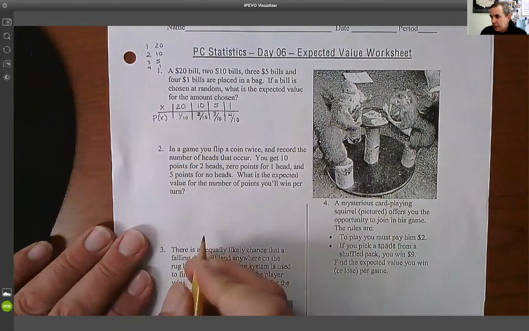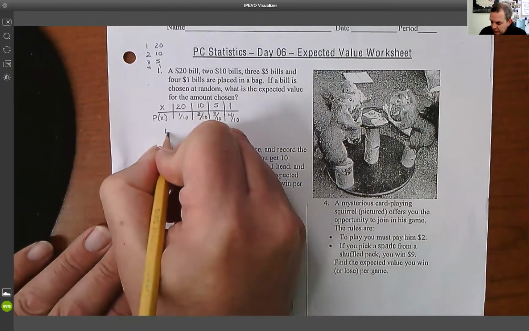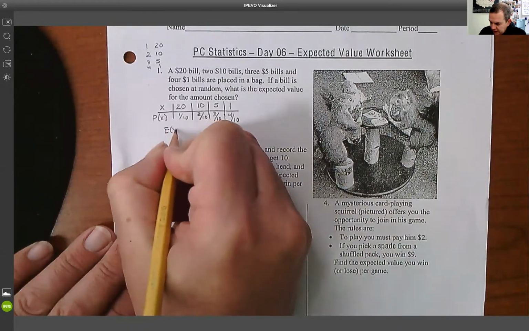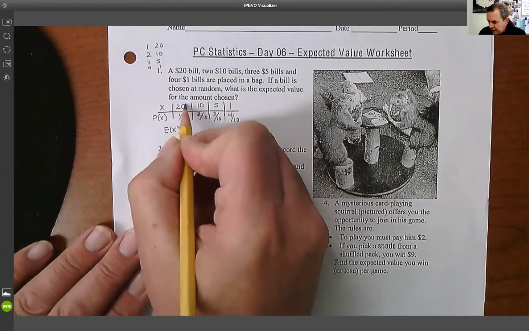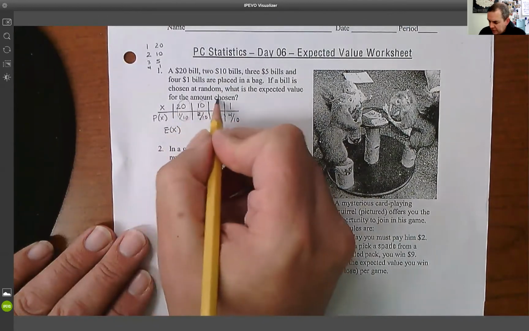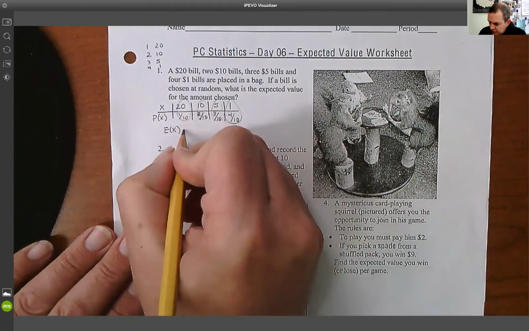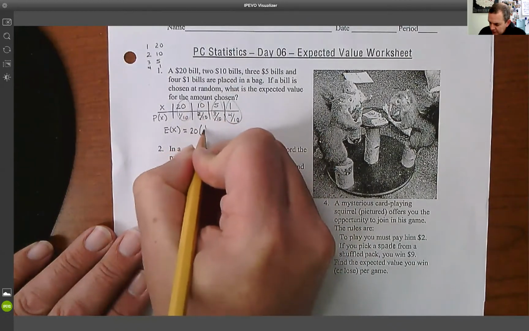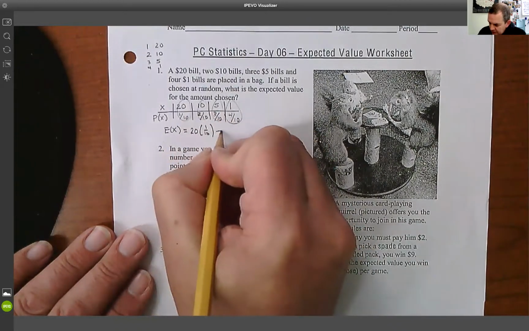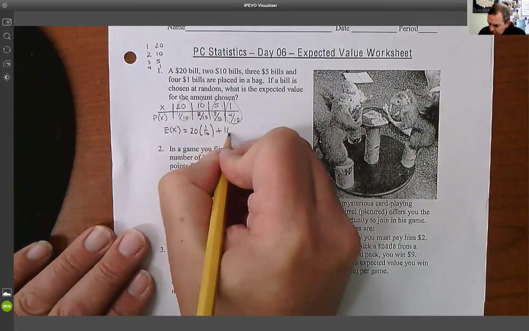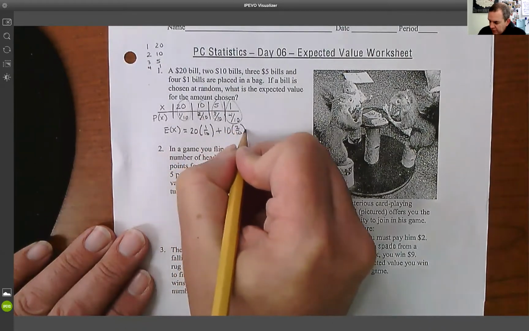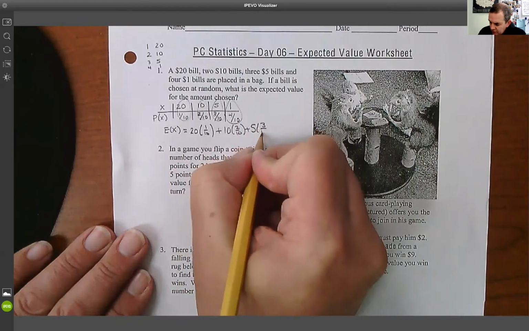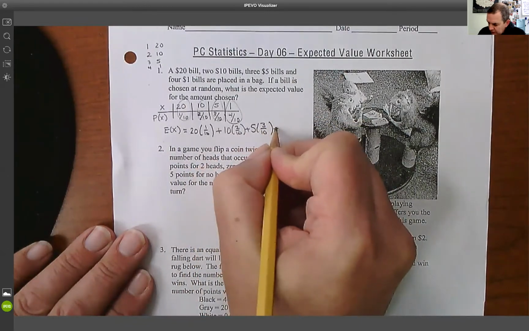The formula for expected value is we multiply outcome and probability, and we do that four times. So we're going to do 20 times 1/10 plus 10 times 2/10 plus 5 times 3/10 plus 1 times 4/10.